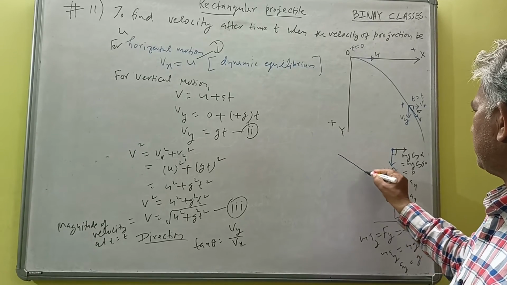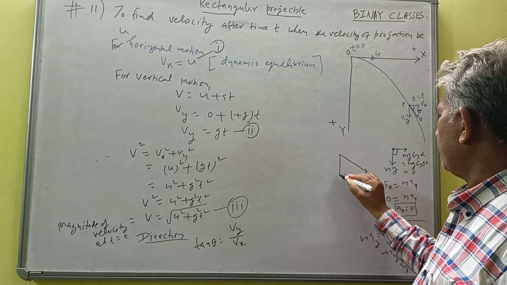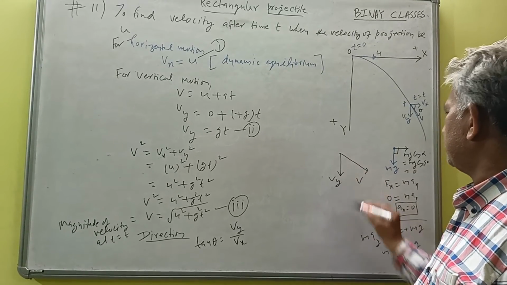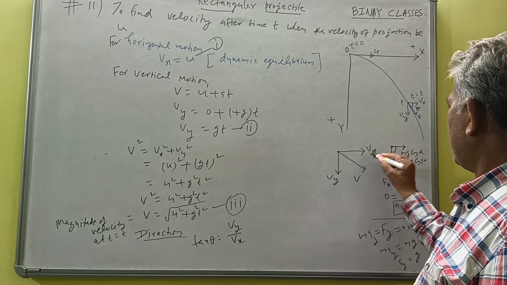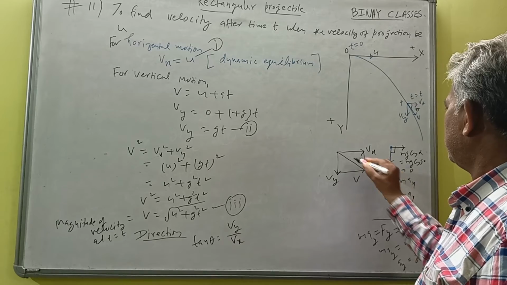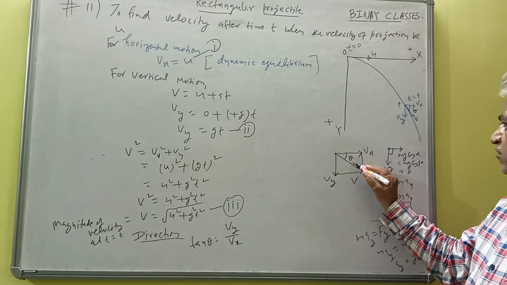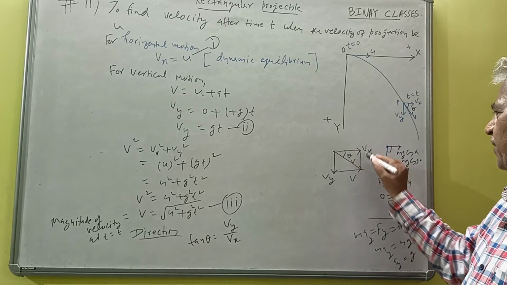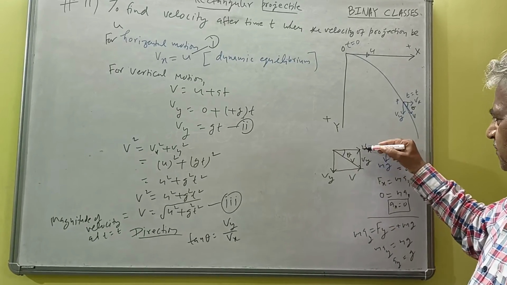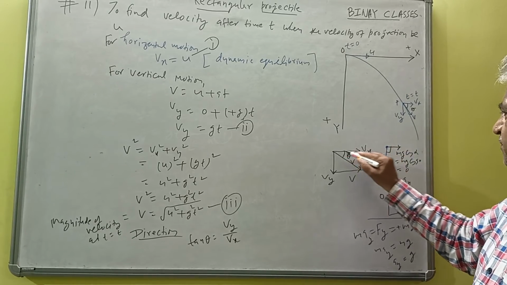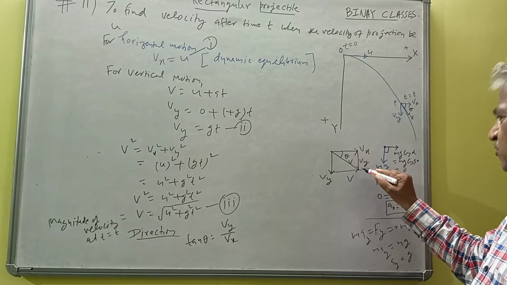Suppose this is the velocity. Suppose the component along this is Vy, and horizontally Vx is this one. Now make the triangle. This angle is theta. So this value V, using Pythagoras, this vertical is Vy, and this is Vx.